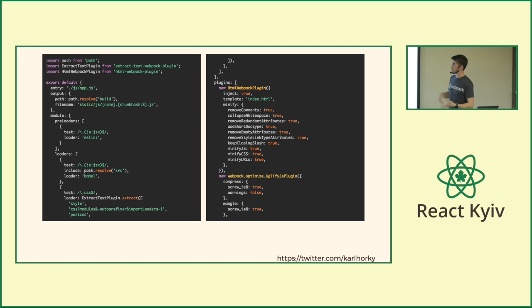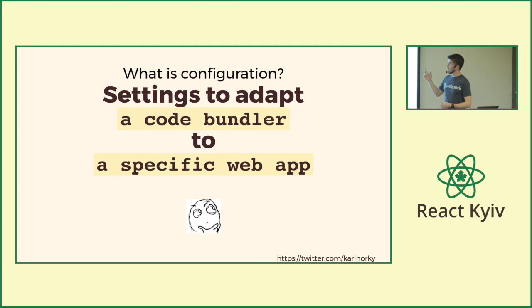So first of all, what is webpack? Webpack is a code bundler, and so what is it doing in this case? It's being configured for a specific application, right? So you're trying to bundle some specific thing, and you create an application in the end. So in that case, we could say configuration is a collection of settings to adapt a code bundler to a specific web app. But that's not specific enough.